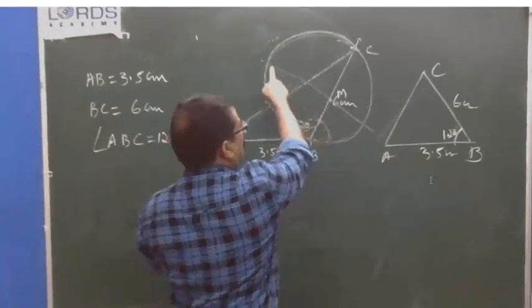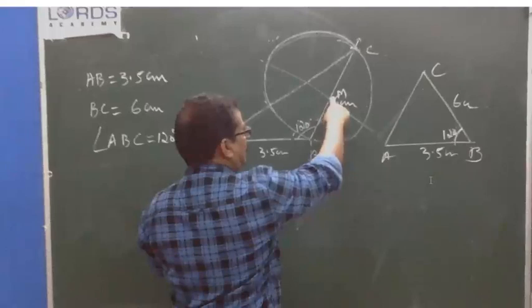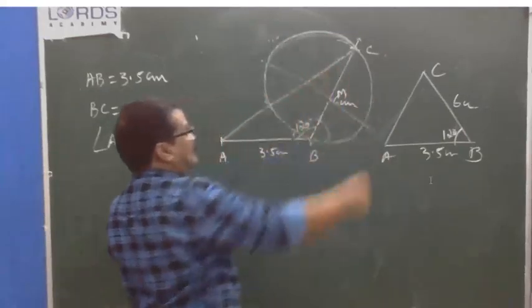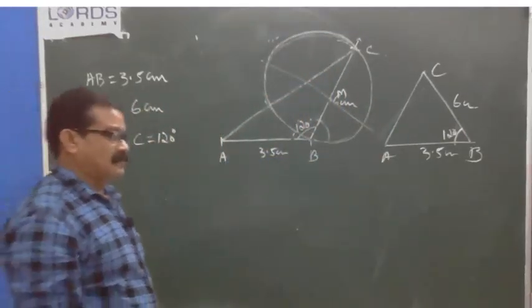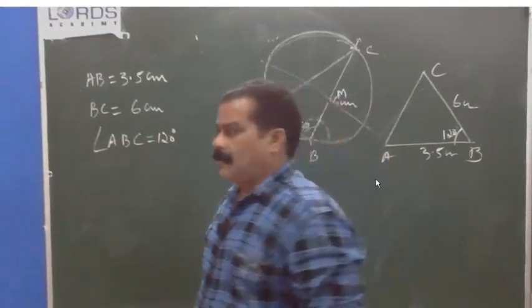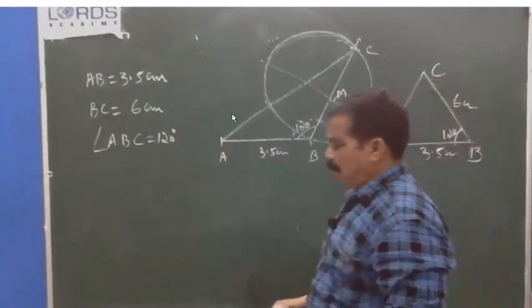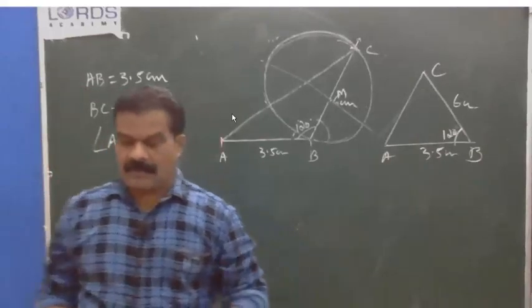For this, you draw the perpendicular bisector, find the center, and using MB as a radius, you draw another circle. Okay, finish.